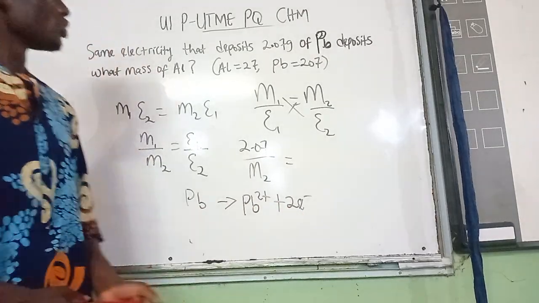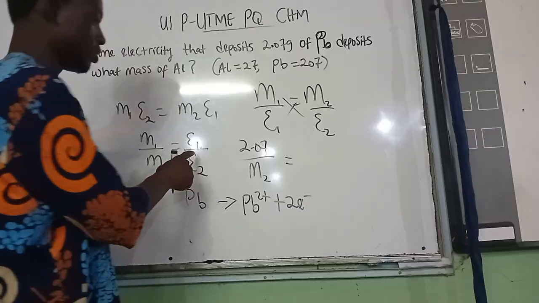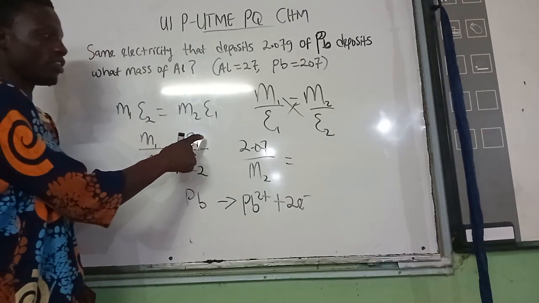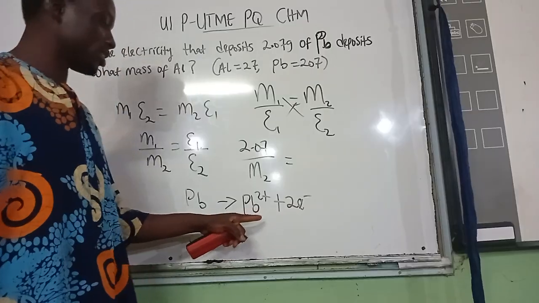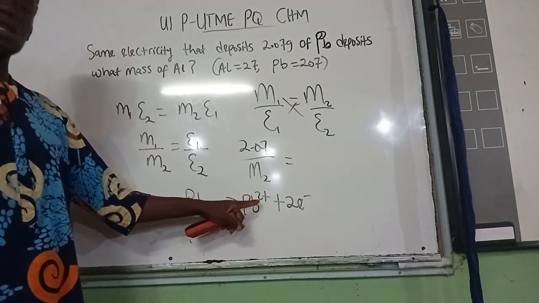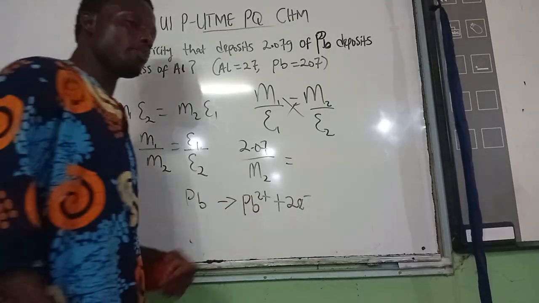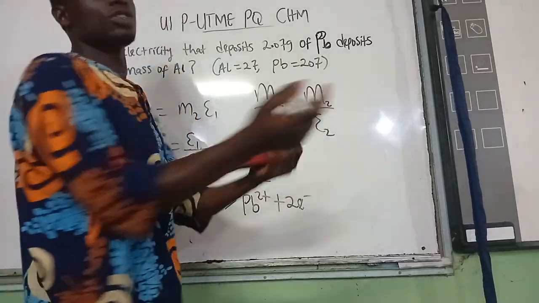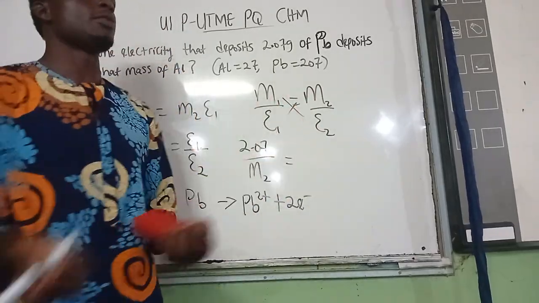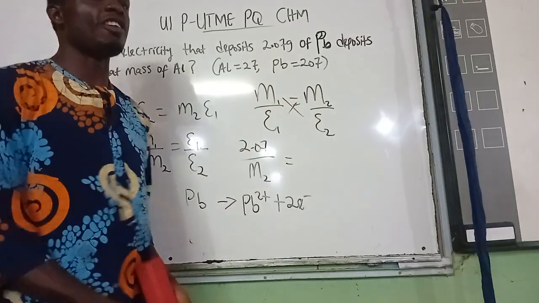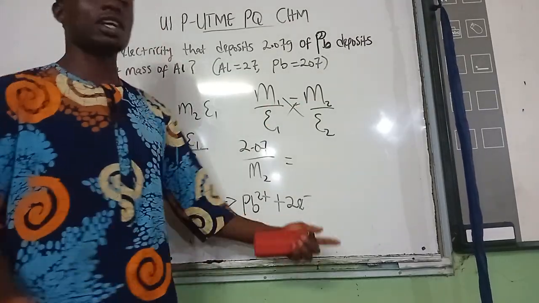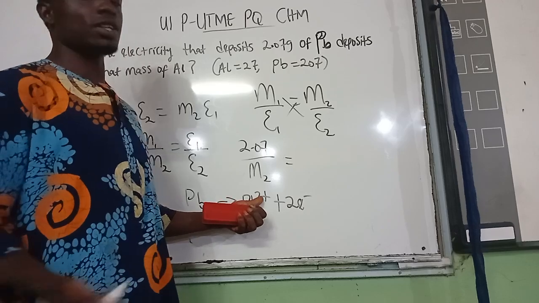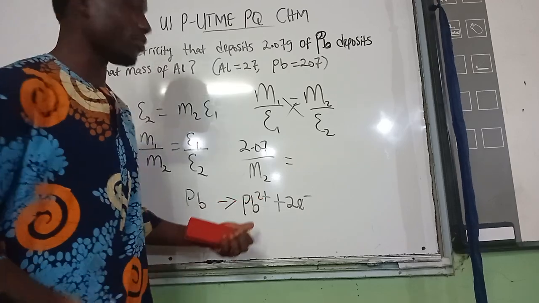So to find the electrochemical equivalent for lead, it is the atomic mass of lead over the valency of lead, which is 2 plus. In fact, I don't even need to write this reaction. The reaction is necessary when we are using the number of moles to calculate, but I already know that lead is 2 plus. We all know that the valency of lead is 2 plus.